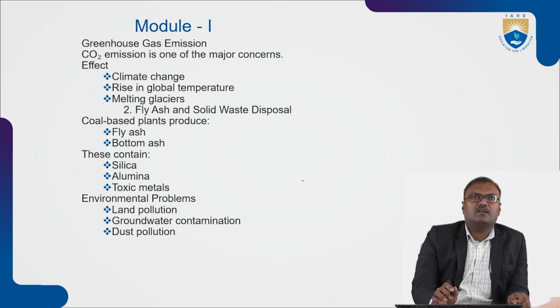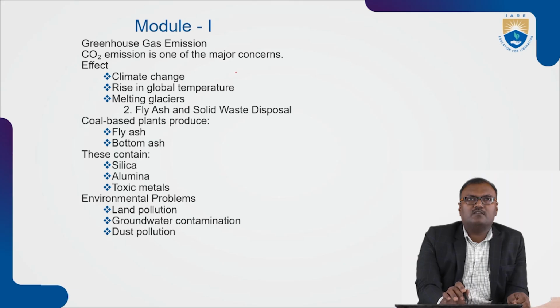And the next one is greenhouse gas emission. Carbon dioxide emission is one of the major concerns, and the effects are climate change, rise in global temperature, and melting glaciers. And the next one is fly ash and solid waste disposal.